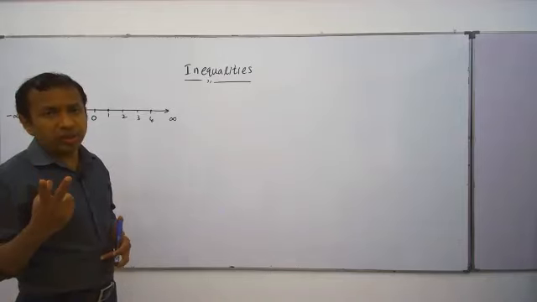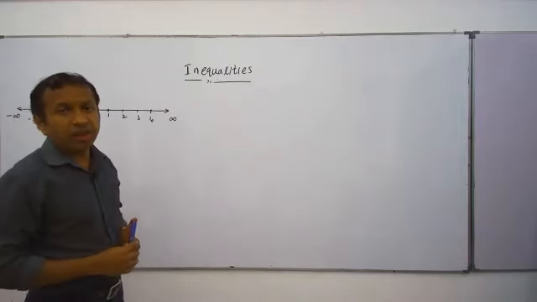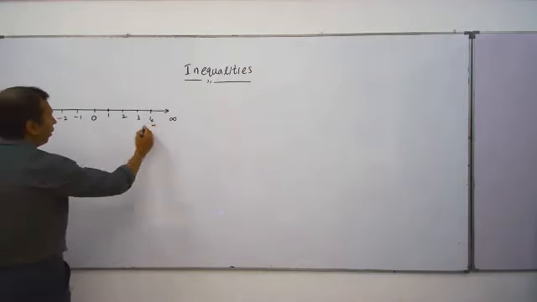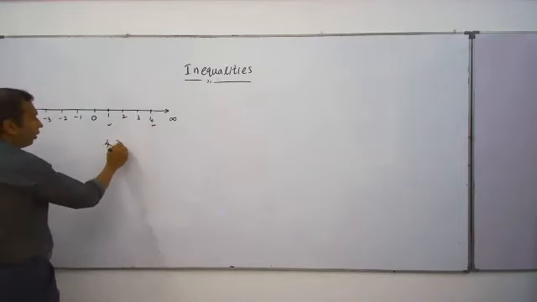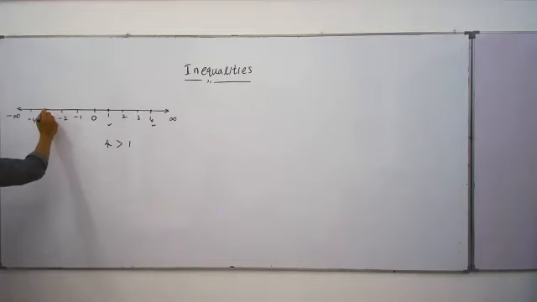It is obvious when we consider 4 and 1: 4 is on the right of 1, so 4 is greater than 1. And consider minus 3 and minus 1: minus 1 is on the right, therefore minus 1 is greater than minus 3.